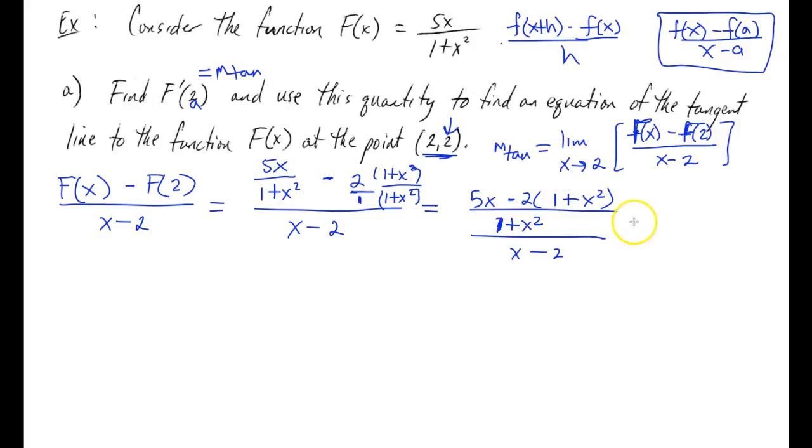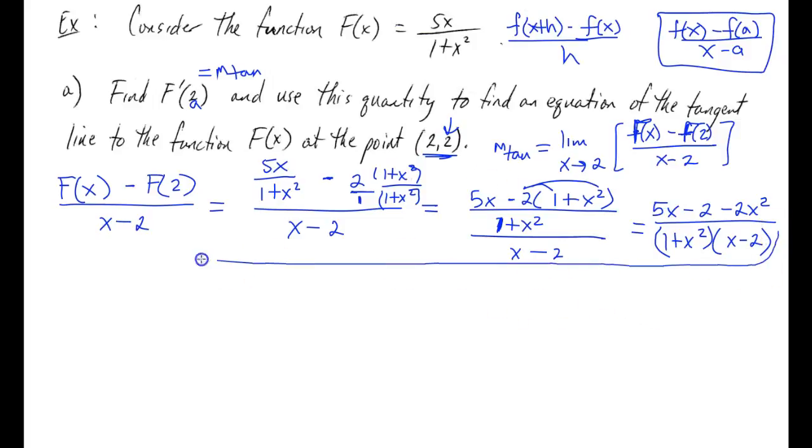Okay? So if we keep on going, we distribute. And so that'll be 5x minus 2 minus 2x squared. And here this will be just 1 plus x squared, that times x minus 2. And so from there, we keep on going. Let's go ahead and factor out a negative out of the numerator.